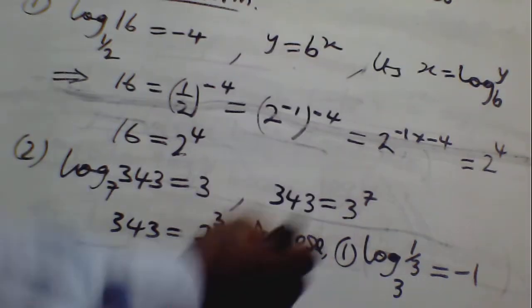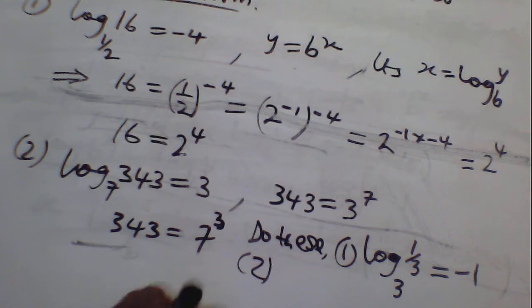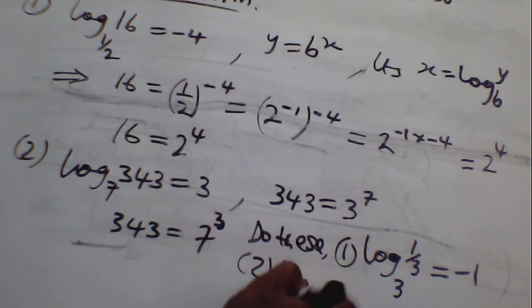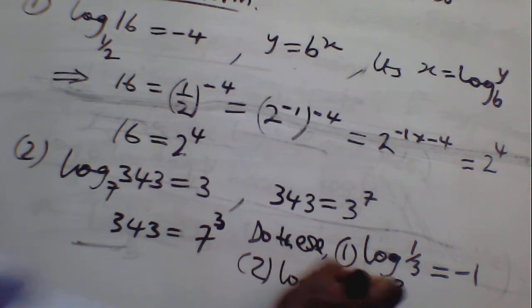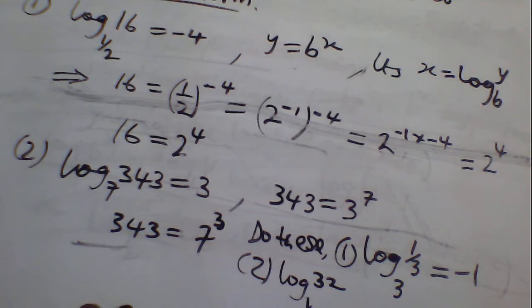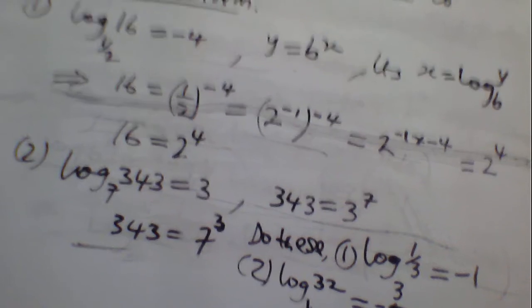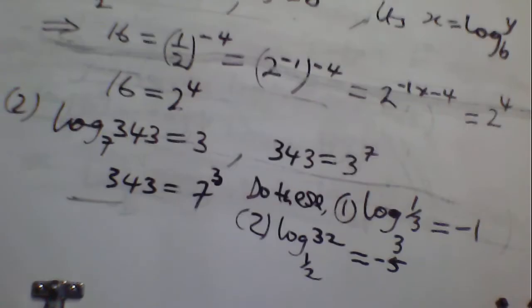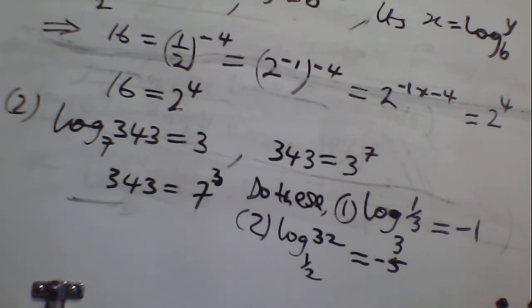The second is log of 32 to base half equals minus 5. So do these two. Do them and bring them to me.